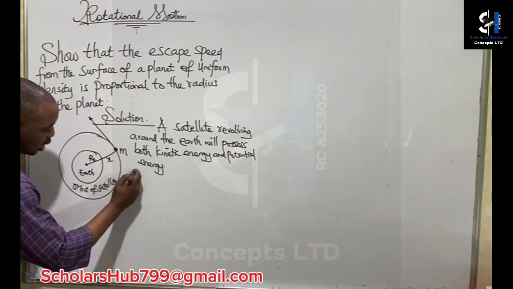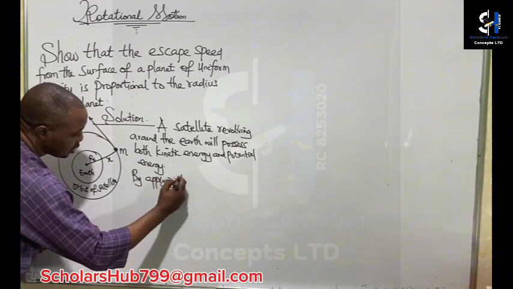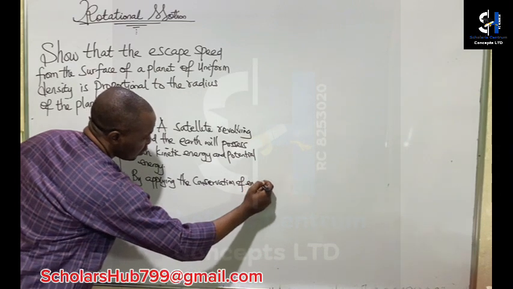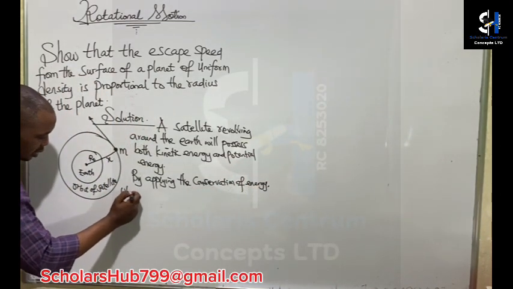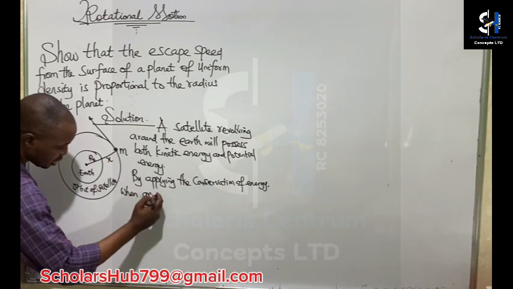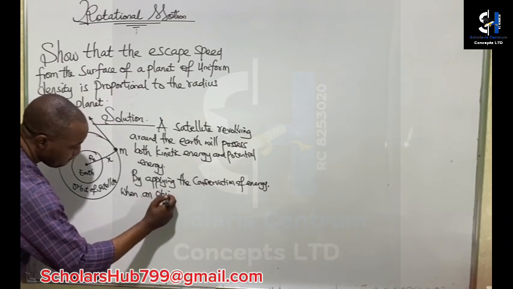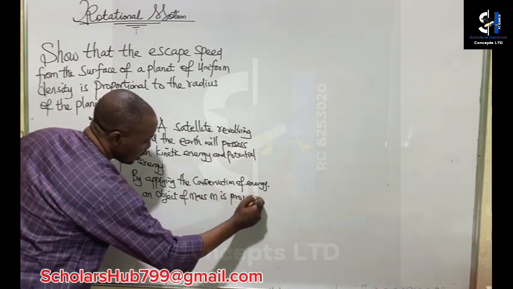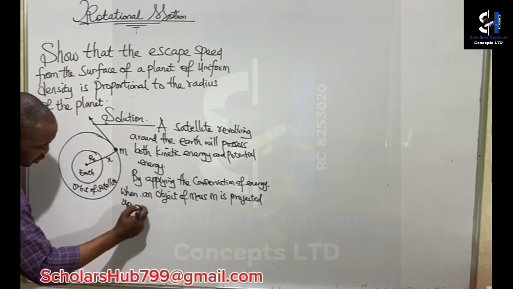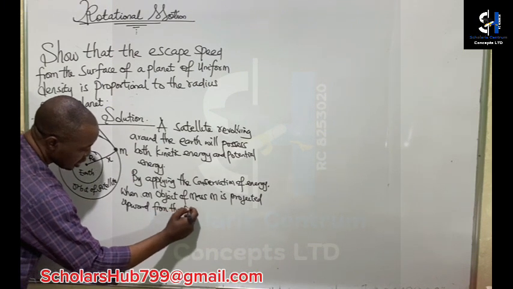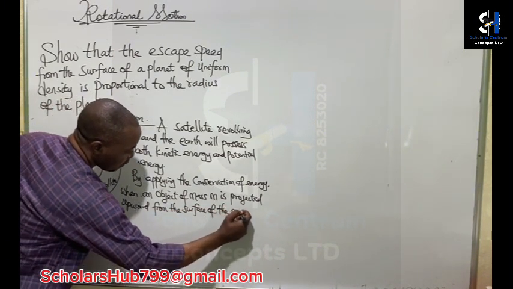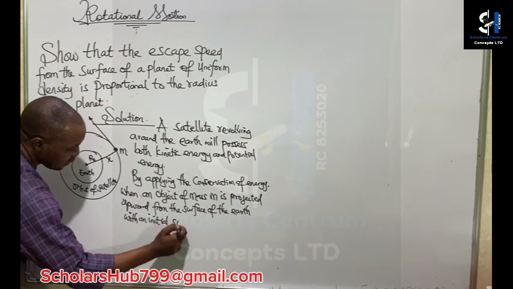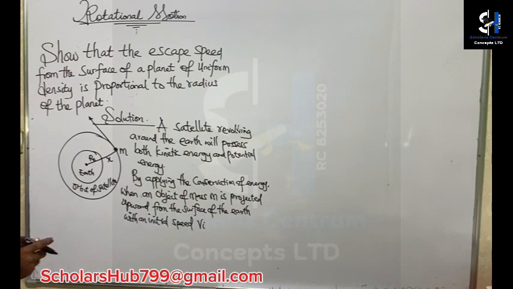By applying the principle of conservation of energy, when an object of mass m is projected upward from the surface of the Earth with an initial speed vi, that's the initial speed vi.